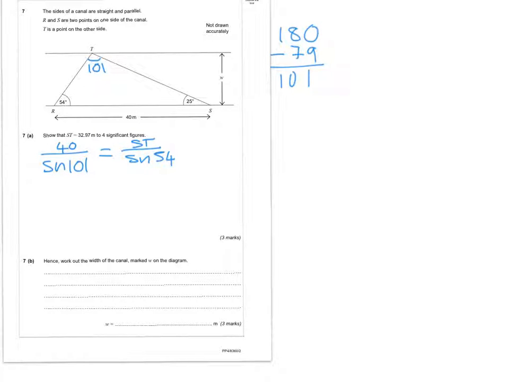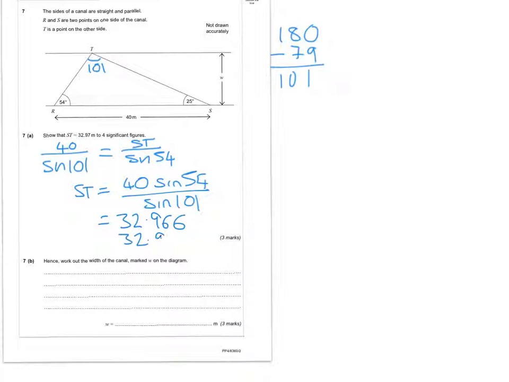So ST is equal to 40 sin 54 over sin 101, and from my calculator that is equal to 32.966, which is 32.97 to 4 SF.